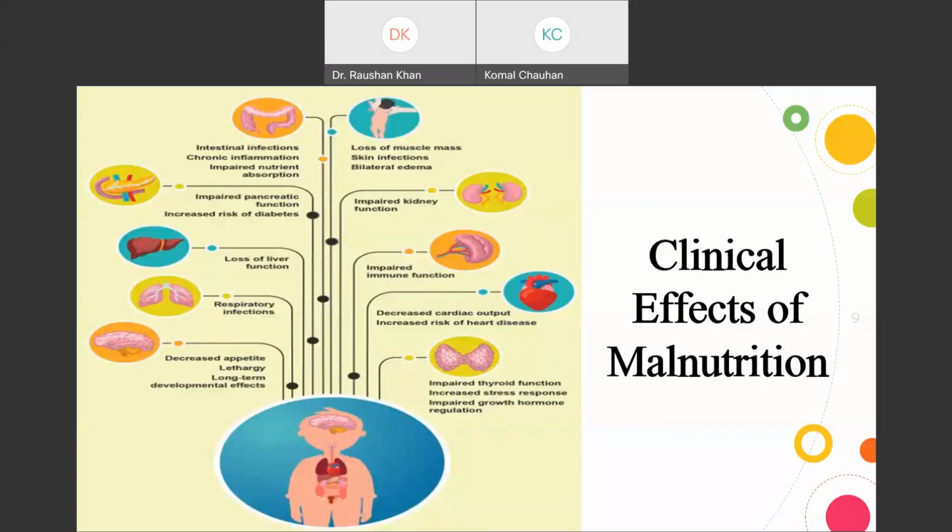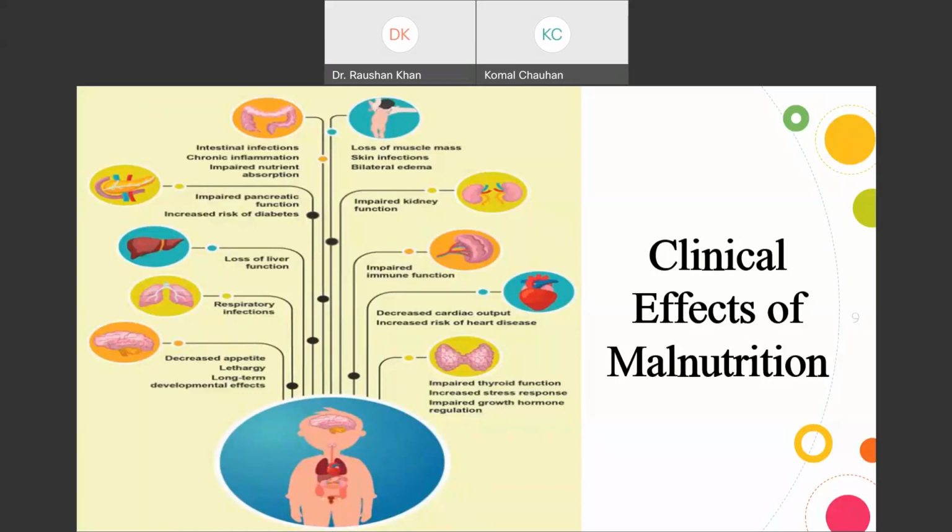Seeing this diagram, as you can see, in the digestive system the malnourished child can have intestinal infections, chronic inflammation, and impaired nutrient absorption. Then the pancreas: the pancreatic function is impaired, and the risk of diabetes is always there in a malnourished child. The liver loses its function and will not be able to perform at its 100% capacity.